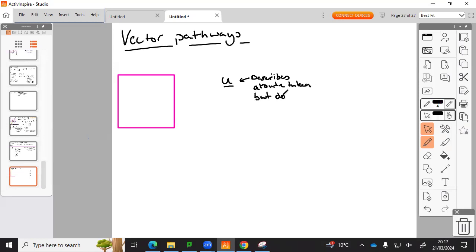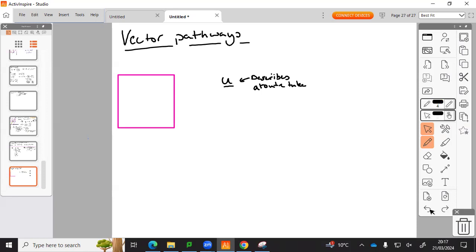I'm trying to jump ahead a wee bit just to get it over. It describes a route taken, so that the three parts of its component can be used at different lines, as long as they're the same.